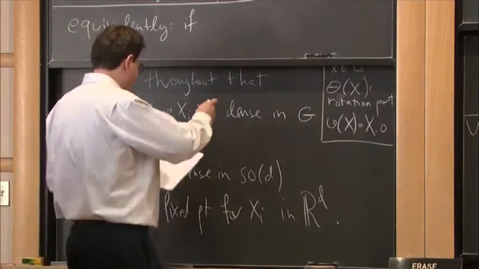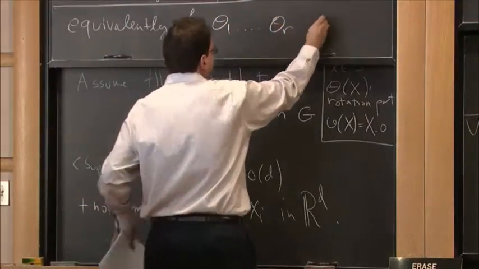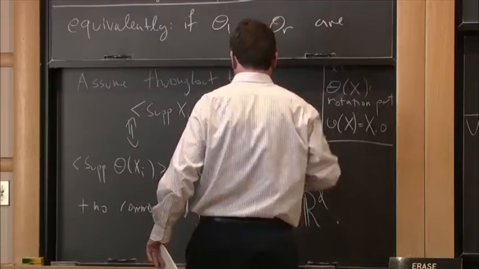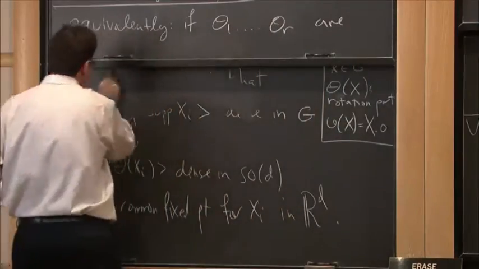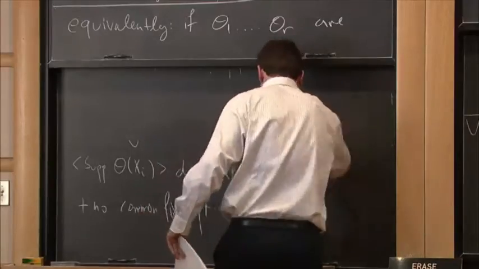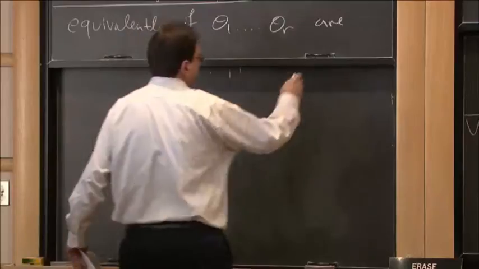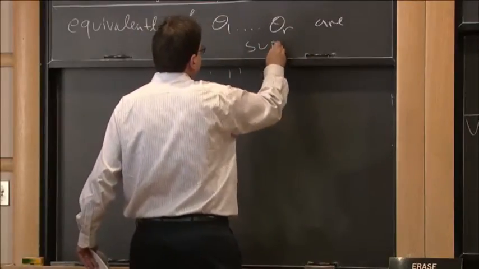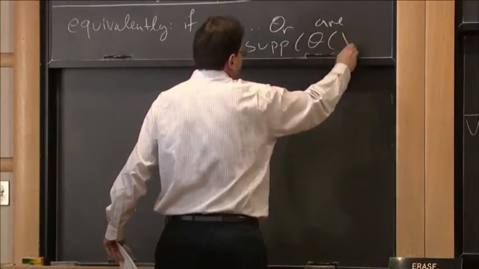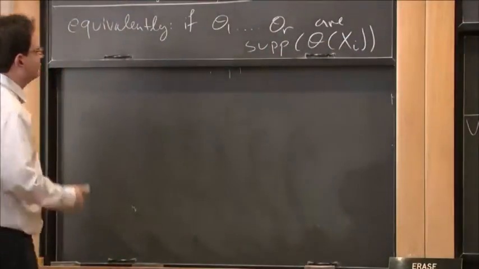Equivalently, if theta 1 up to theta r are the possible values of the rotation part of one of my isometries, they're all identically distributed.